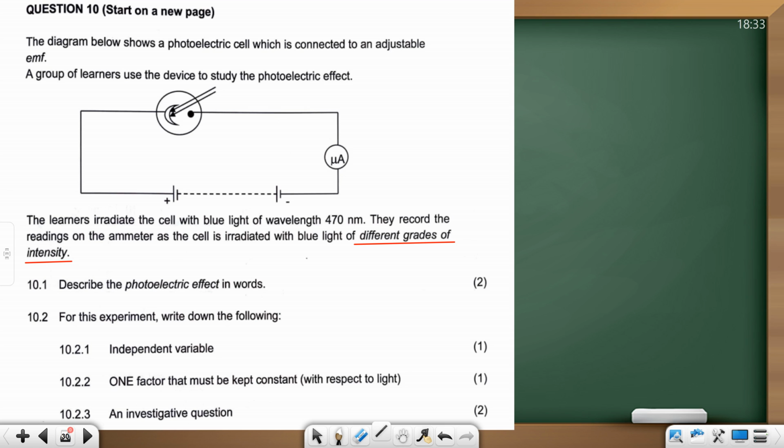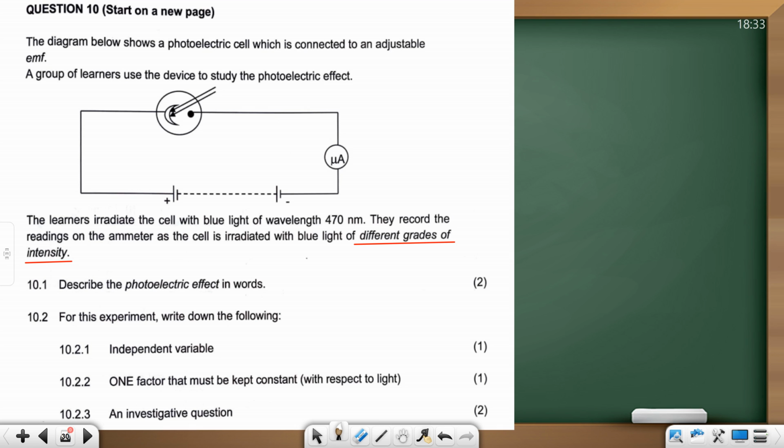All right, thank you. It's a process, in case you didn't get it right, and you guys have definition sheets, so use it. It's a process whereby electrons are ejected from the surface of a metal when light of suitable frequency, that word must be there, shines on it.